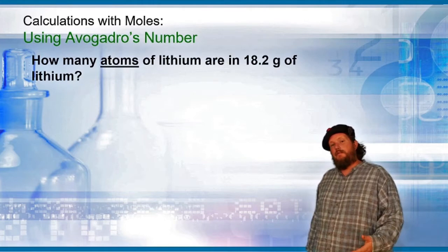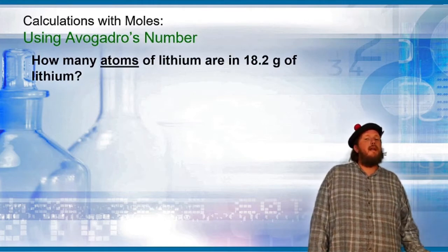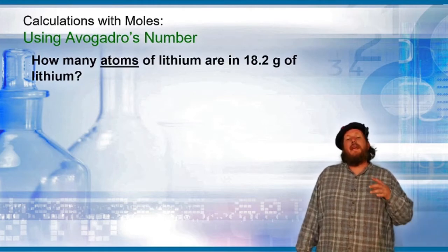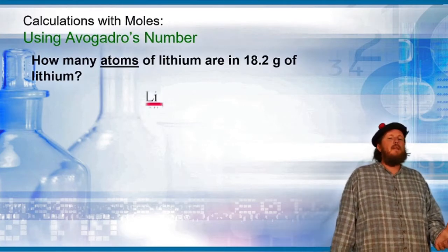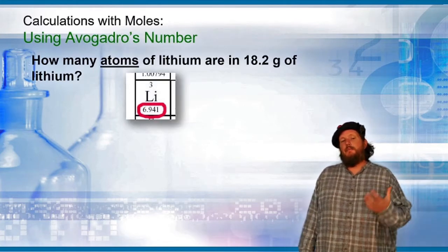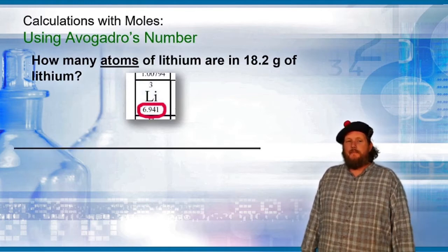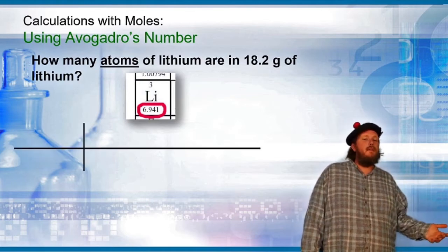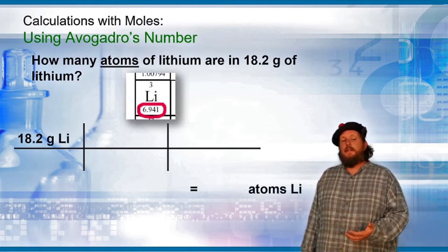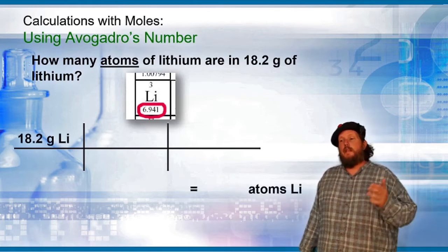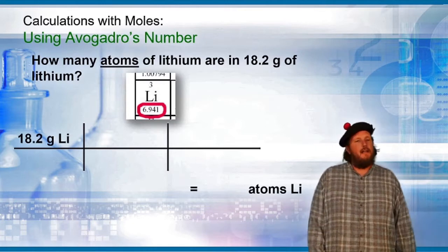How many atoms of lithium are in 18.2 grams of lithium? So this one we can't go straight from grams to atoms, we have to go through moles in the middle. So we're going to need the periodic table and the formula mass again. But we're going to start with 18.2 grams of lithium. We're going to then get to atoms of lithium, but we're going to convert from grams to moles, and then from moles to atoms using Avogadro's number.